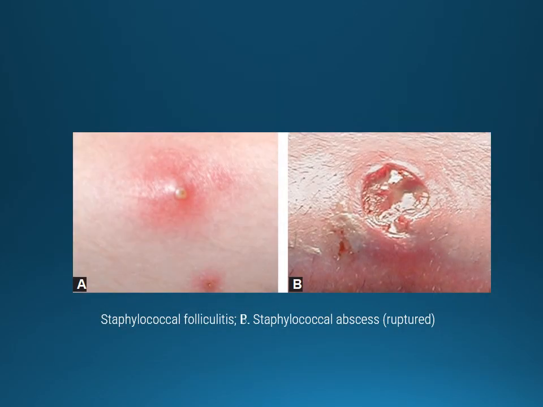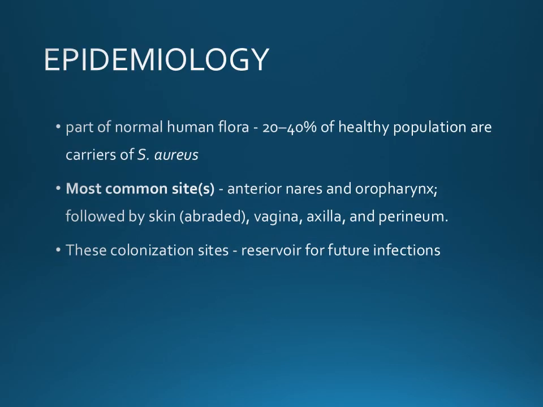So here you can see staphylococcal folliculitis, and another one is the abscess. Normally, when we isolate Staphylococcus aureus, it is usually pathogenic, but sometimes, in 20 to 40% of cases, the person can be a carrier of aureus.